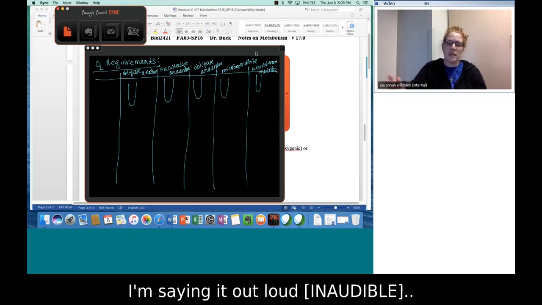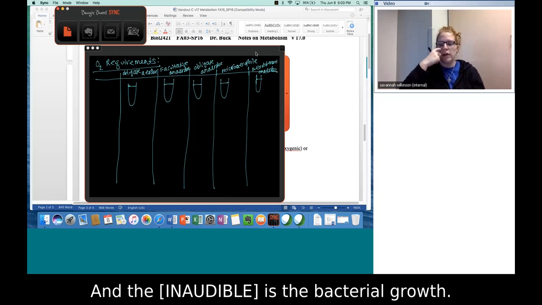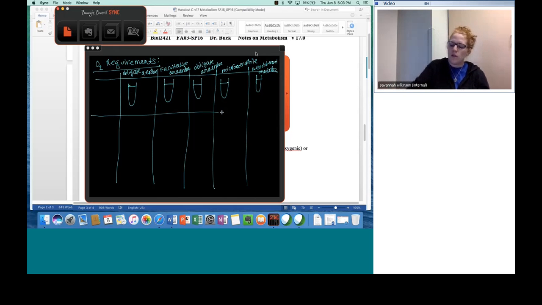I'm saying it out loud just in case you can't read it. Okay, so these are test tubes, and the dots I'm drawing are the bacterial growth.